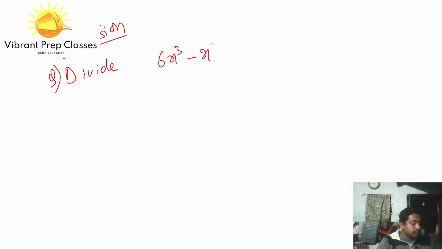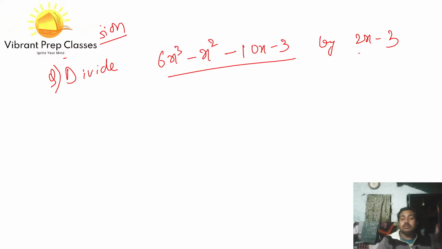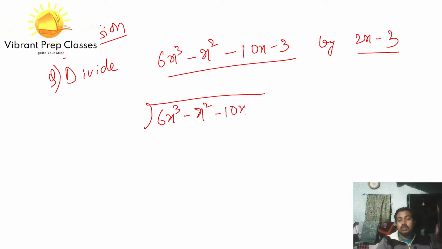So if you are being told to divide 6x³ minus x² minus 10x minus 3 by 2x minus 3, if you are being told to divide these two, this with this, how are we going to proceed? So we'll write 6x³ minus x² minus 10x minus 3, and as we do in division, we'll write the dividend and the divisor in their positions.